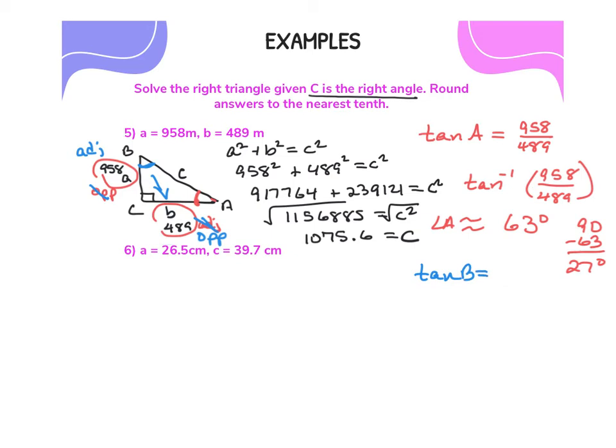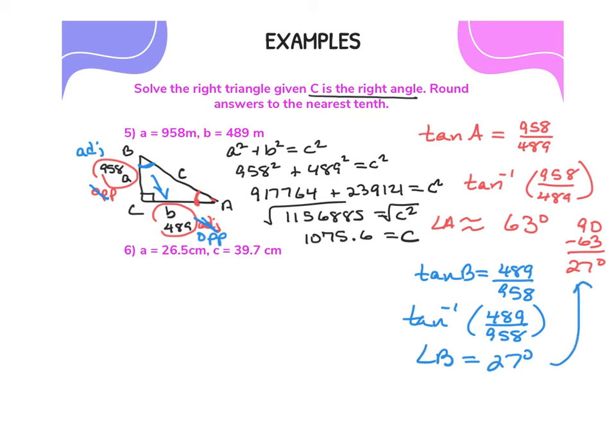So tangent of B is now, I would flip it, 489 over 958. So on my calculator, do the shift key so it opens up tan to the -1, and then either divide 489 by 958, hit enter, and you're going to find that angle B is equal to 27 degrees.